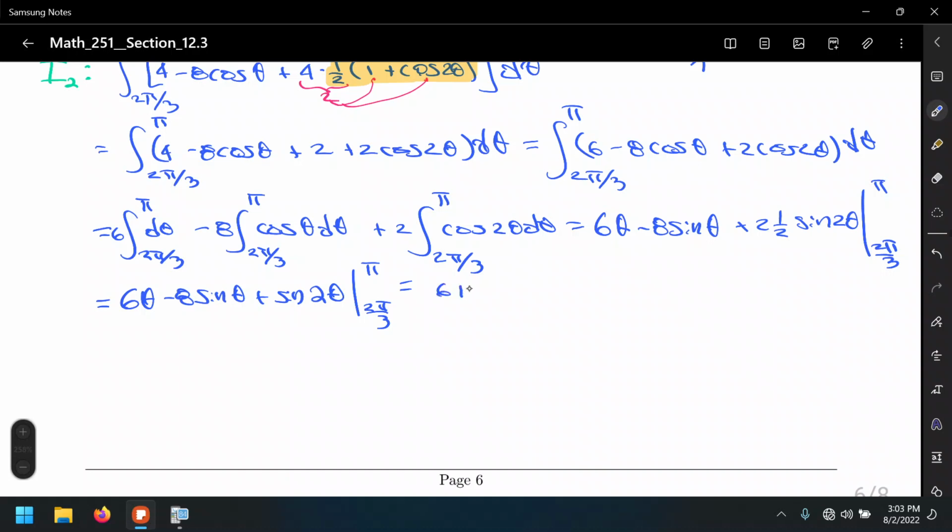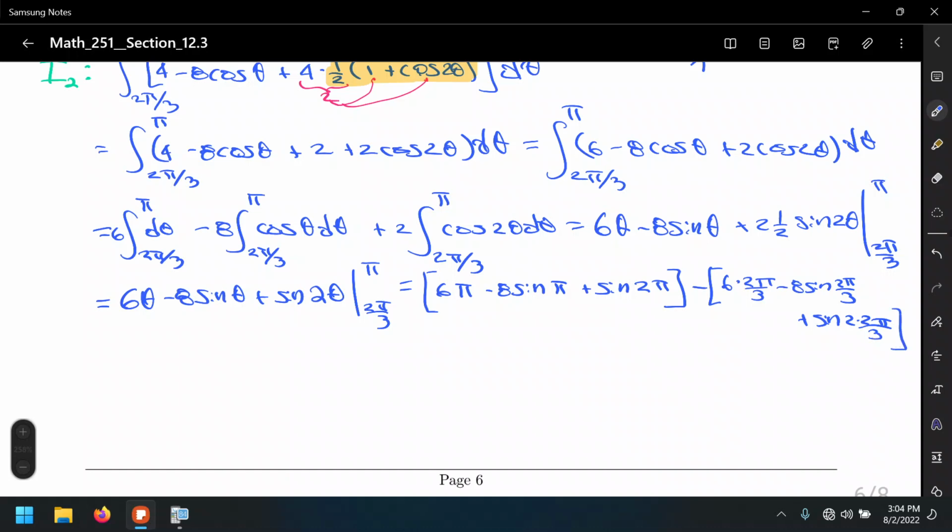So this will be 6 pi minus 8 sine pi plus sine 2 pi. Well, some terms are going to get zeroed out, not all of them. And then minus 6 times 2 pi over 3 minus 8 sine 2 pi over 3 and plus sine of 2 times 2 pi over 3.